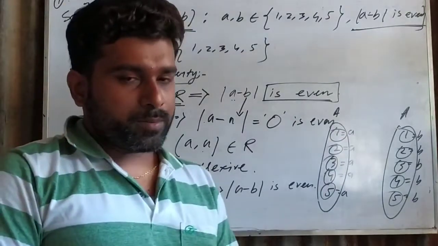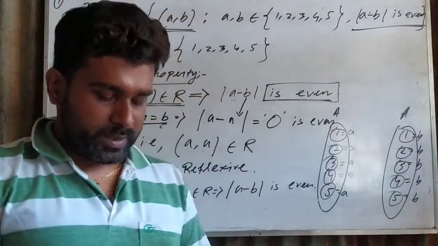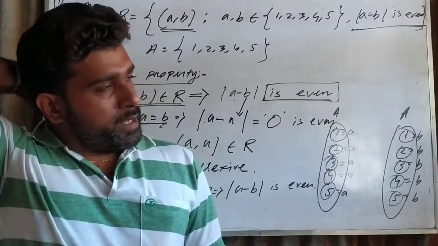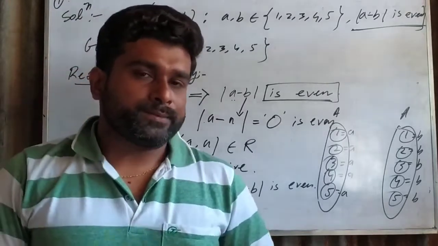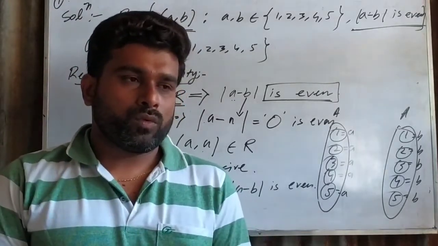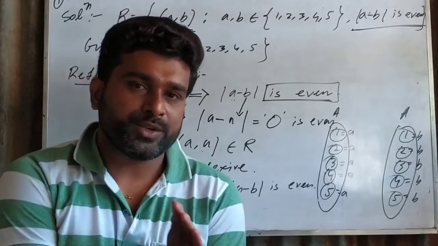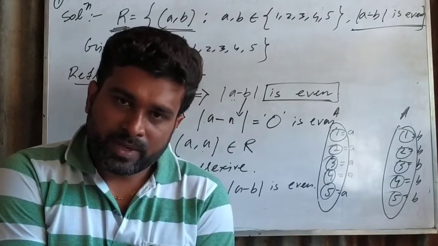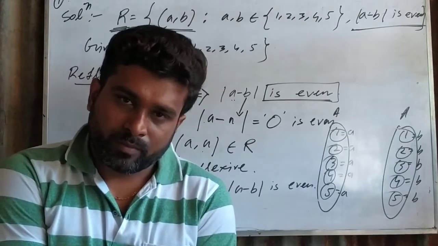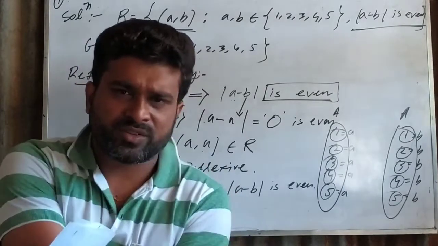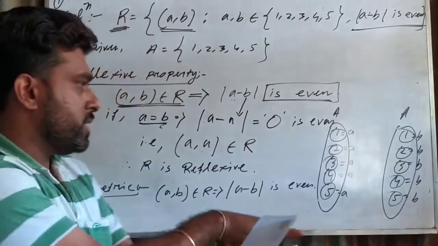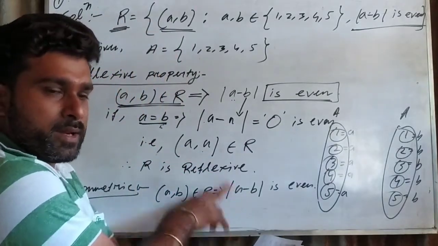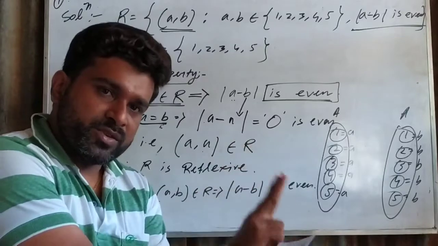So for the symmetric property, as I told you, the values of a and b are going to be interchanged with each other. That means b will come in place of a and a will come in place of b. Just change their positions here.